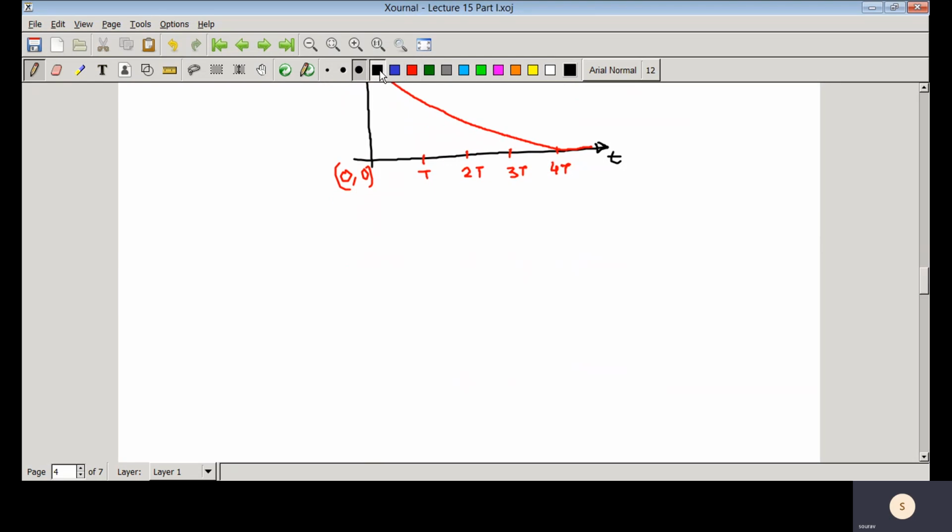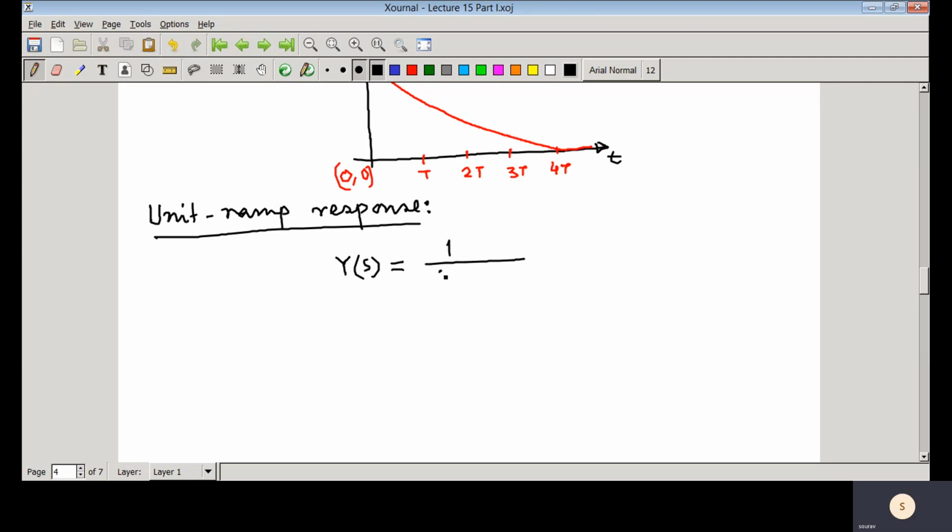So now we are interested to see what would be the unit ramp response. So here the Y(s), and as you know the ramp input is t, so if we take the Laplace transform of that, that would be 1 by s squared.